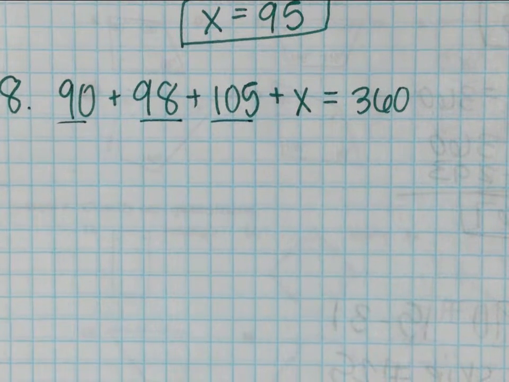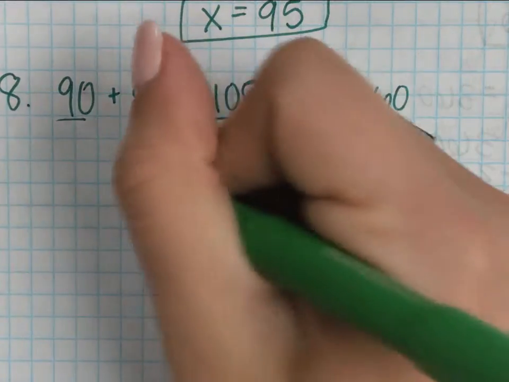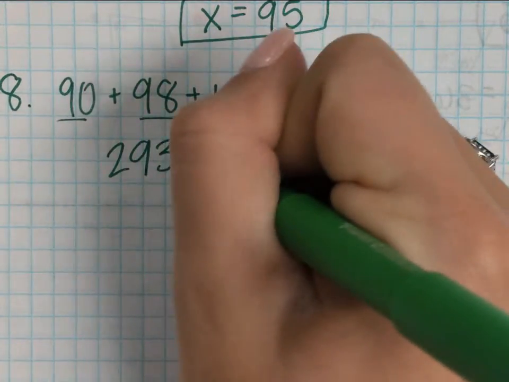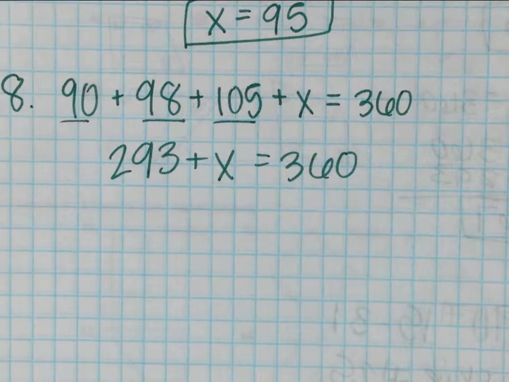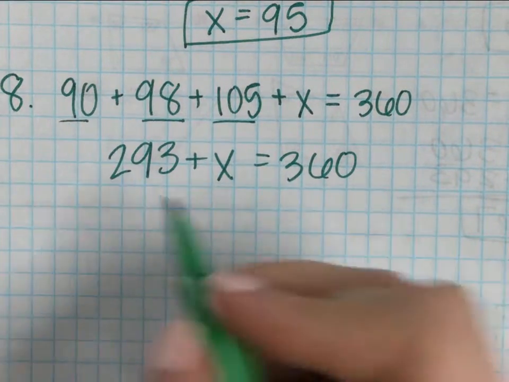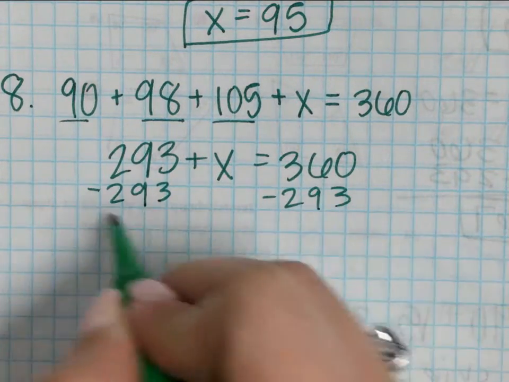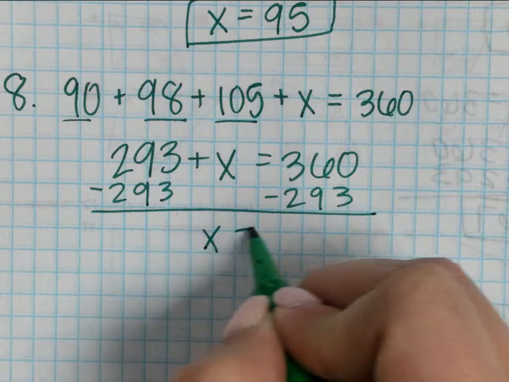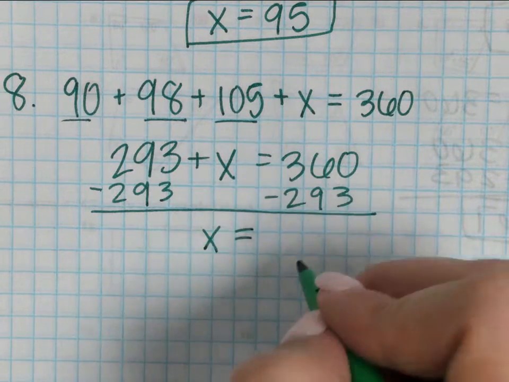So somebody tell me what 90 plus 98 plus 105 is. 293. So it means I have 293 plus x equals 360. And then how do I solve for x? Subtract 293 from both sides. So x equals 67. We all agree with that? Yes.